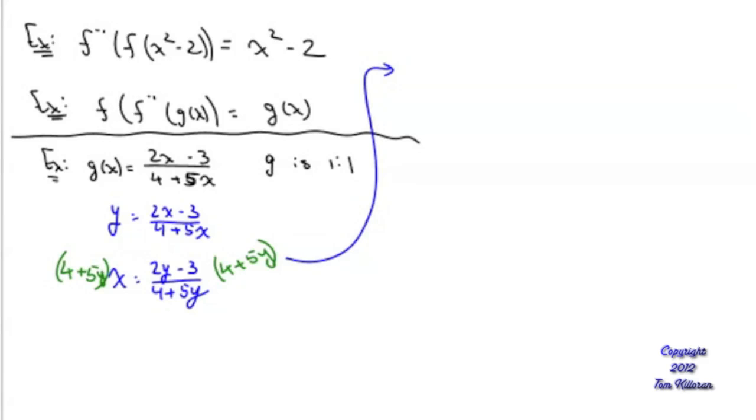Let's see, on that side you're going to get 4 plus 5y times that x is equal to, what's left on the other side? 2y minus 3, because these are just going to cancel out. Cancel, not poof. That one actually cancels, inverse identity. And you're left with 2y minus 3. Multiplicative inverses. All right, what's the next step of solving a linear equation?